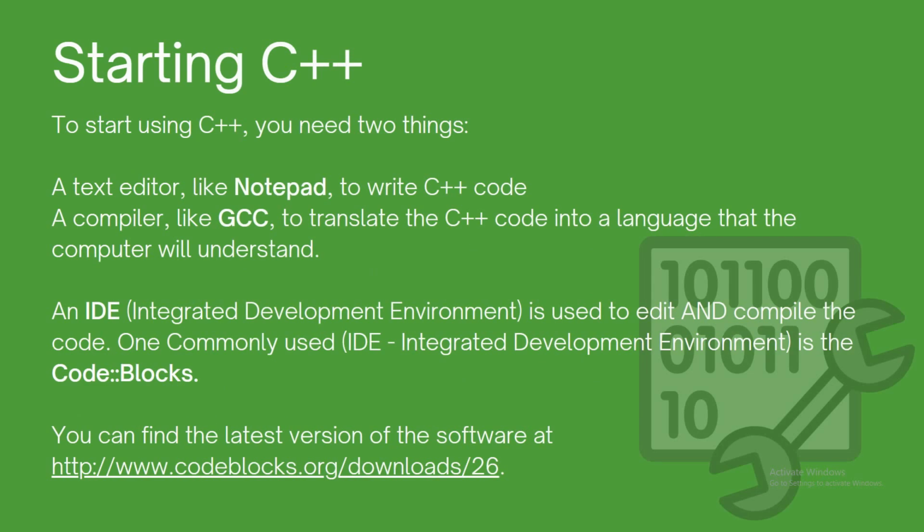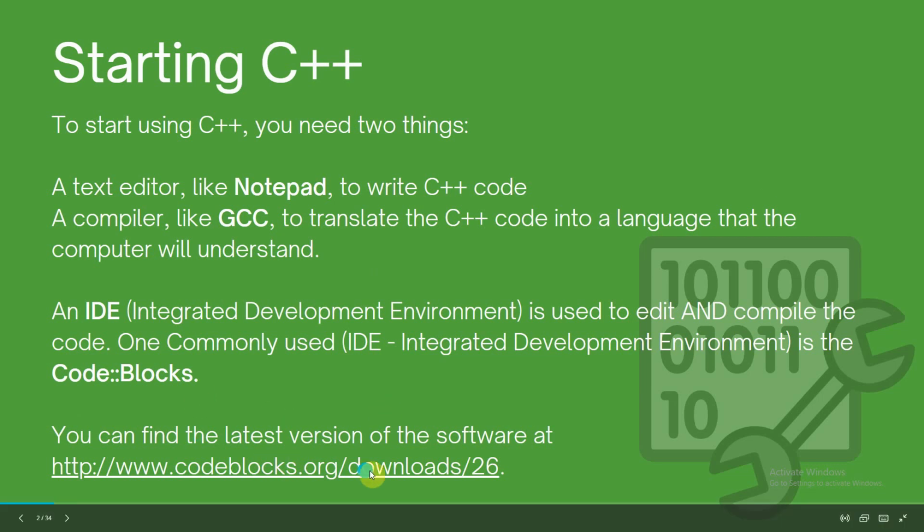when you need to actually start working on this language, you would need two things. The first one is a text editor like Notepad to write up the C++ code, and a compiler like GCC, which translates this C++ code into a language the computer can use and understand. So we call it the integrated development environment, the IDE, for editing and compiling this code, and commonly used is Code::Blocks.